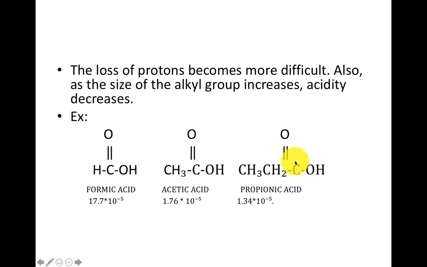Now consider one thing. What is meant by acidity of carboxylic acid? The ease of release of this proton. If this proton is released more easily, then carboxylic acids are considered to be acidic in nature. See, here this proton is getting eliminated. Just think for a second, this proton is getting eliminated. What is the charge on the proton? H plus.